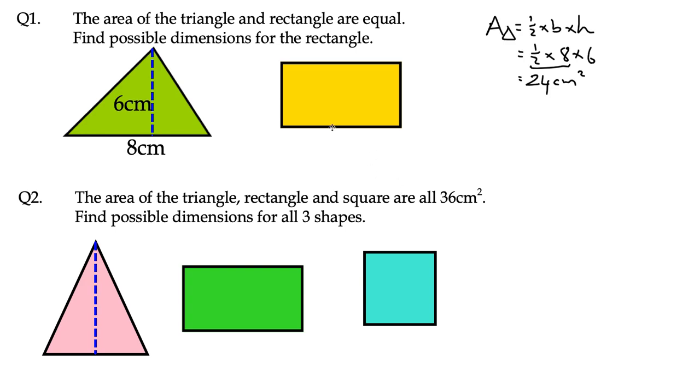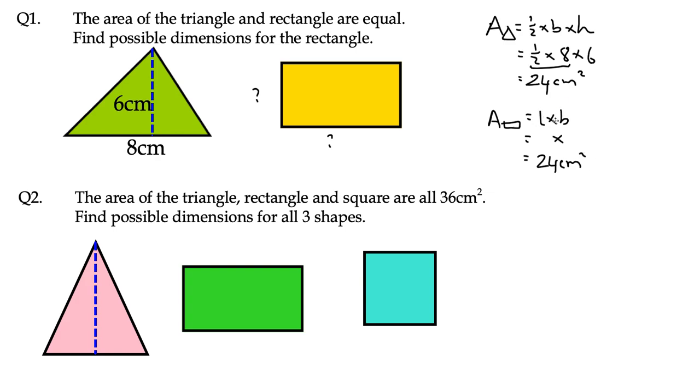Well, we'll need dimensions here and here, remembering that the area of a rectangle is not a half base times height, it's length multiplied by breadth. So we've got to put two numbers in here so that the answer is also 24 square centimeters.